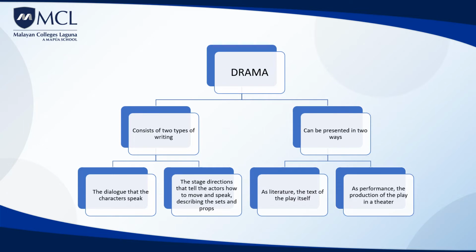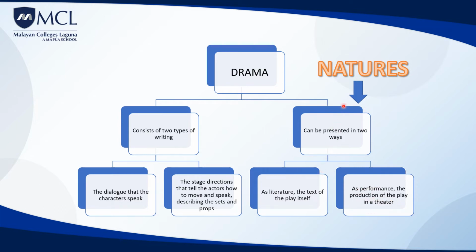Okay, so here is a flowchart that can explain the types of writing and the natures of drama. So drama can be presented in 2 ways. It may be simply written in text, called a play, but once it is performed on stage, it's already considered performing arts.